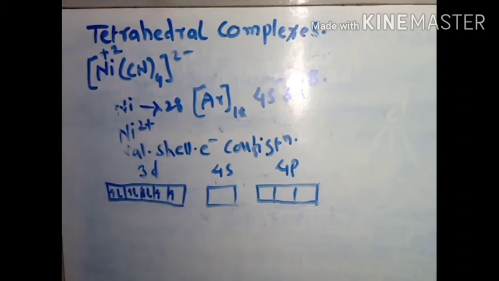Since Ni(CN)4 2- is a low spin complex, it utilizes the inner orbital, that is the (n-1)d orbital or 3d orbital.